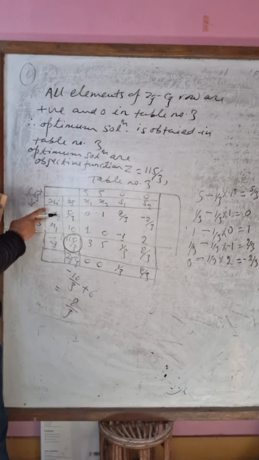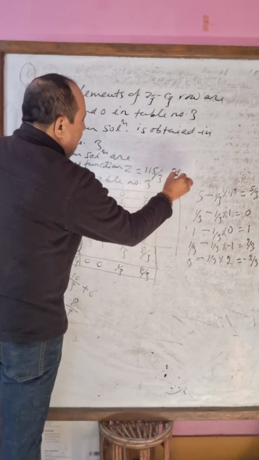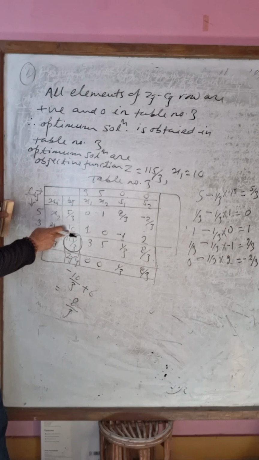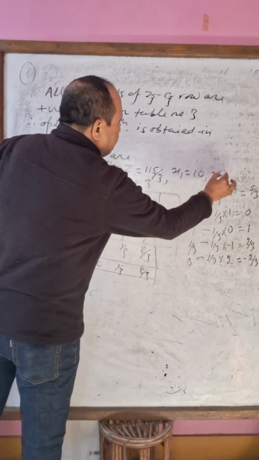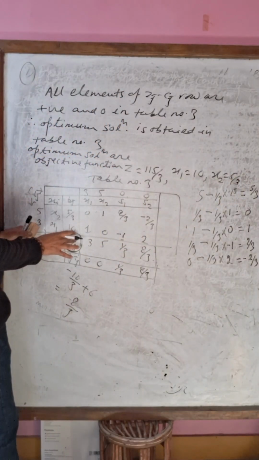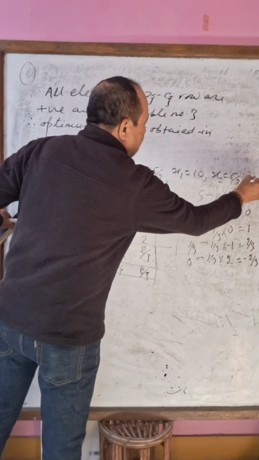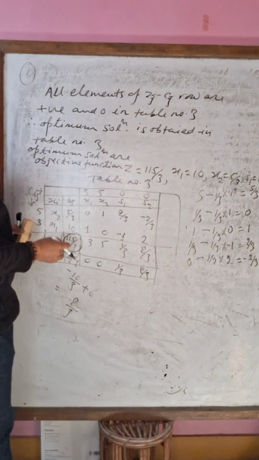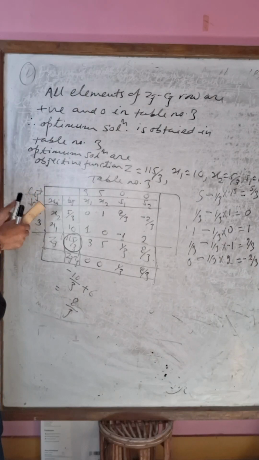Now, variable x1 is 10, just in this table. x1 is equal to 10. x2 is equal to 5 by 3. Here there is no s1 and no s2, so you can write s1 is equal to 0, s2 is equal to 0. So these are the solutions of the given problem.